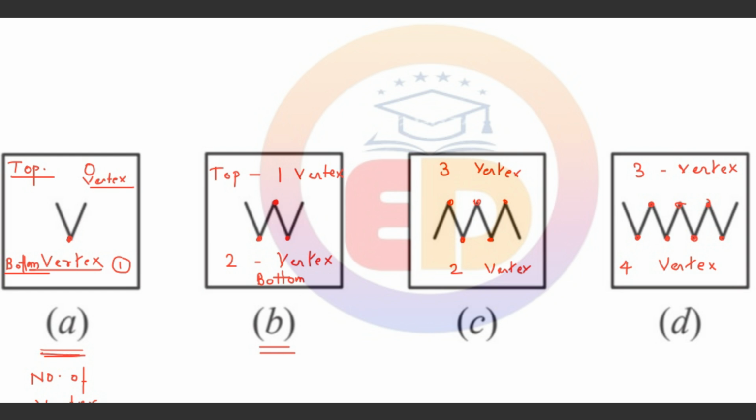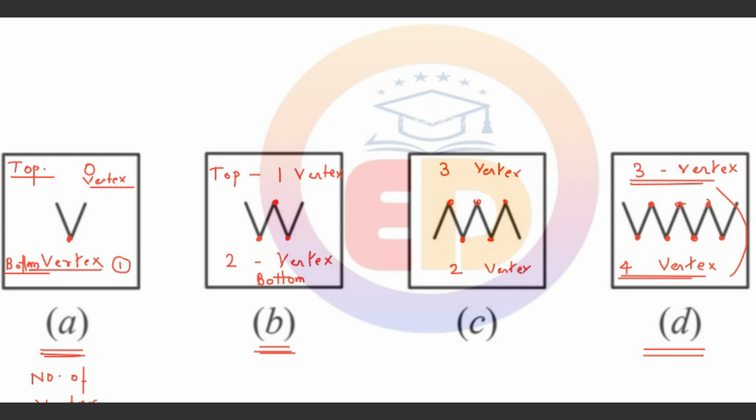In the figure A, same thing follows in the figure B and in the figure D. The number of vertex at the bottom is greater than the number of vertex at the top, and it is 1 greater. If you take the difference of vertex in the fourth figure, at the top there are 3, at the bottom there are 4. Difference is 1, and in the bottom there are more.